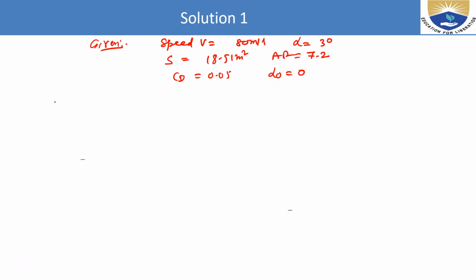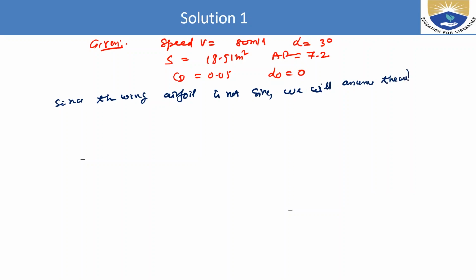Since the wing airfoil is not given, we will assume the theoretical lift coefficient slope, that is A naught, is equal to 2 pi.